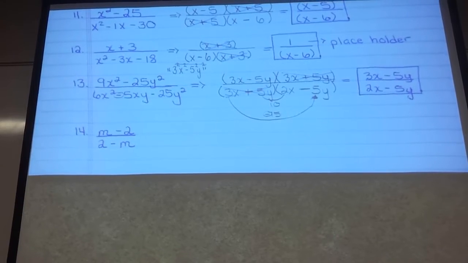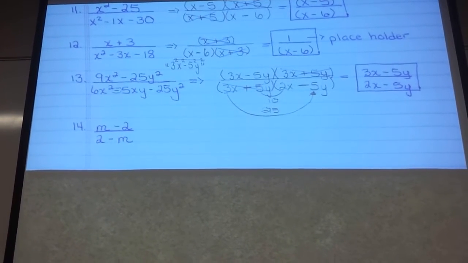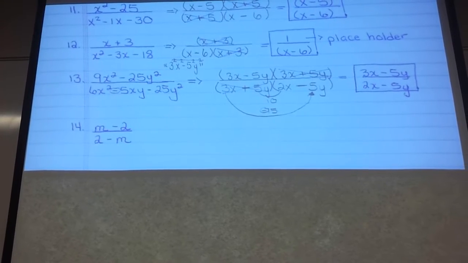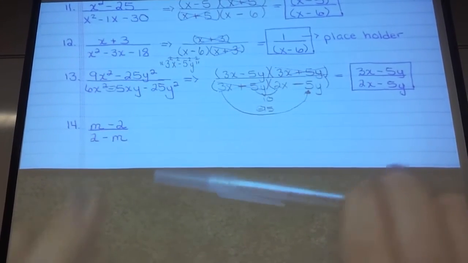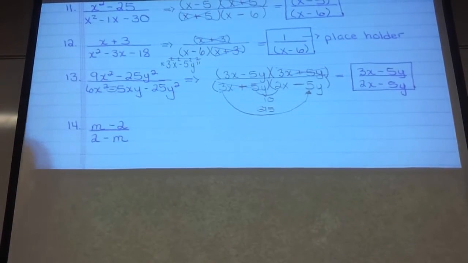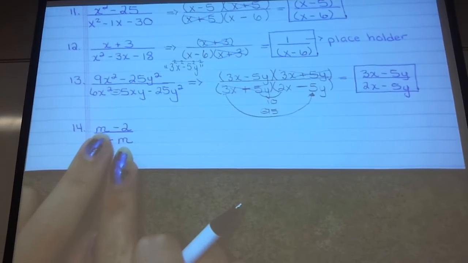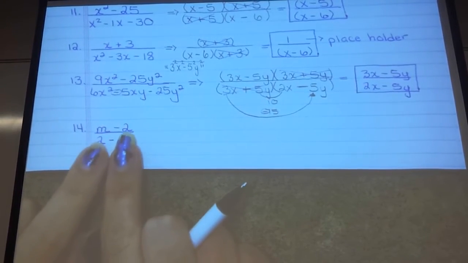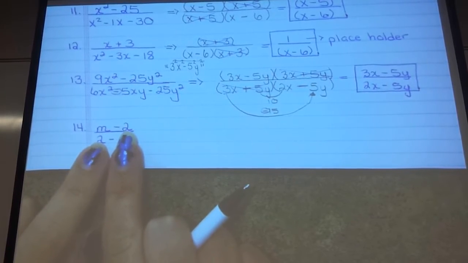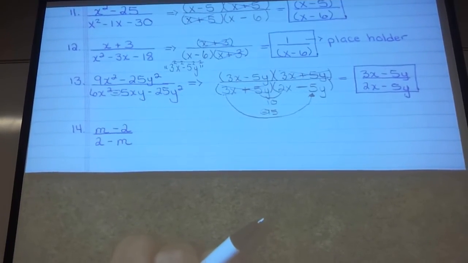Now, do I have a GCF in either of those? No, I don't have any squares, so I can't even simplify it. So we need to think about this. Look at your m's. Notice, an m on top is positive. What is it on the bottom? Negative. Then if you look at your numbers, the 2 up here is negative. Down here, it's positive. So they're complete opposites of each other.